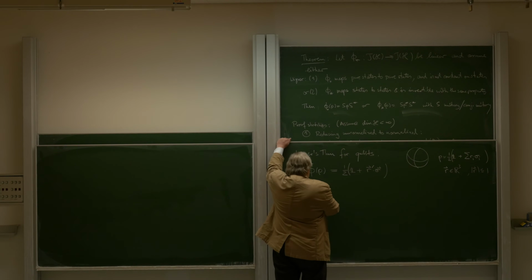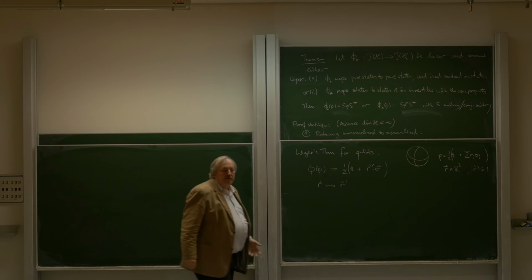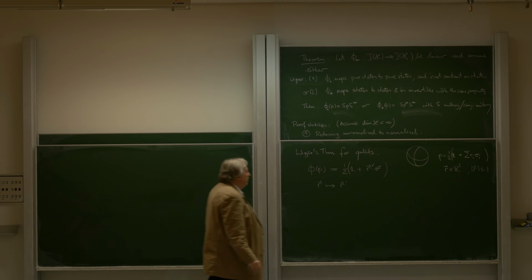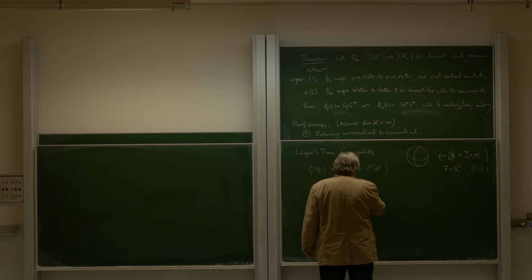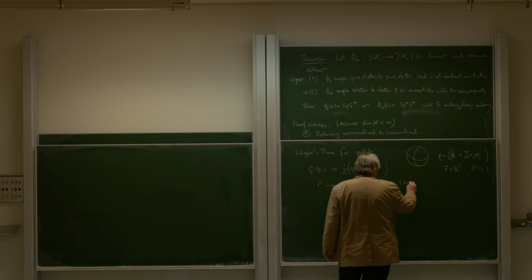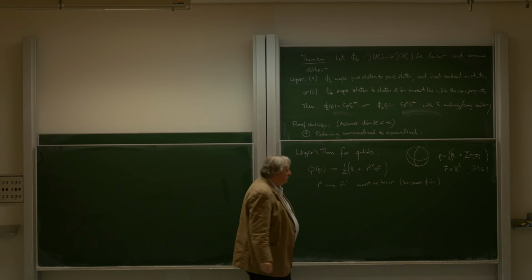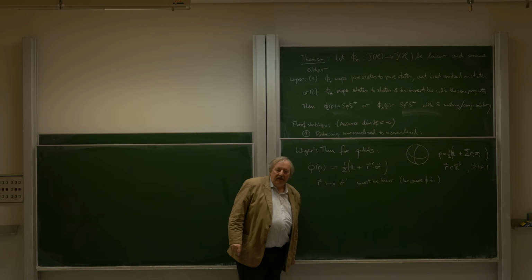And the map that maps this vector to r prime must be a linear map, because phi is linear. Must be linear. So let's give a name to that map.